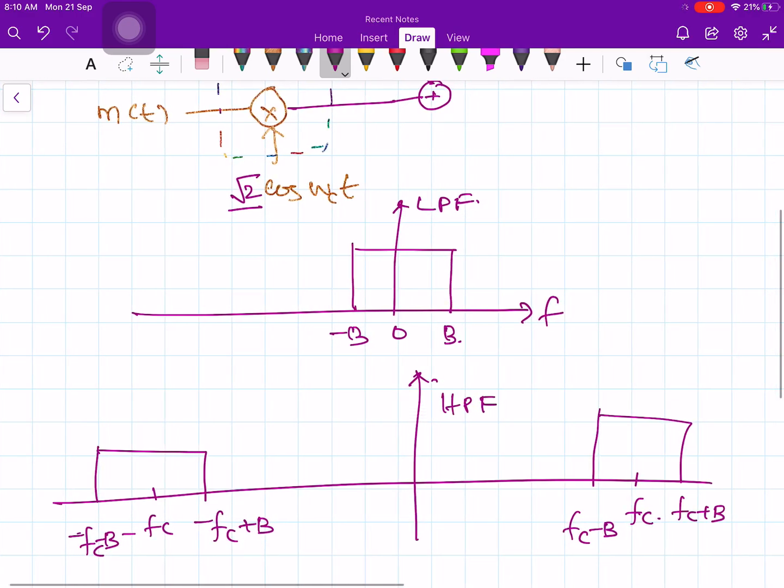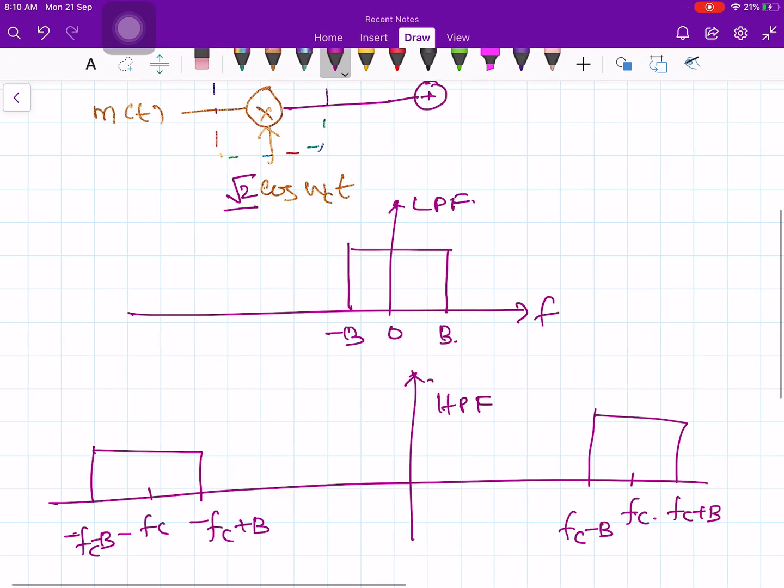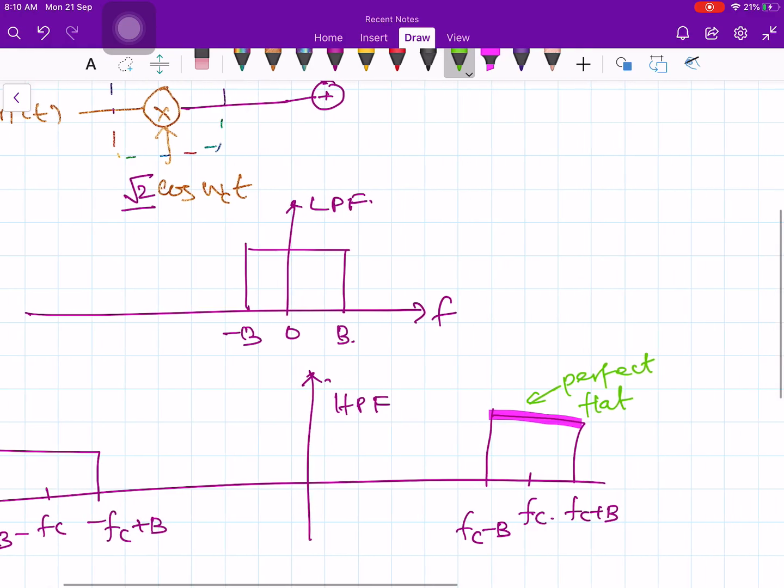So there will be a perfect flat response. Ideal means perfect flat response, a perfect flat transfer function between Fc minus B and Fc plus B. Now what is the bandwidth?